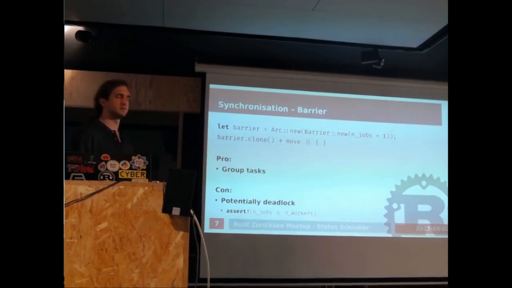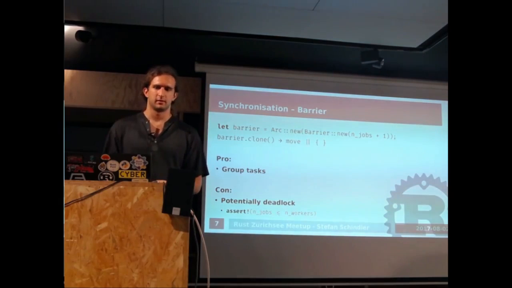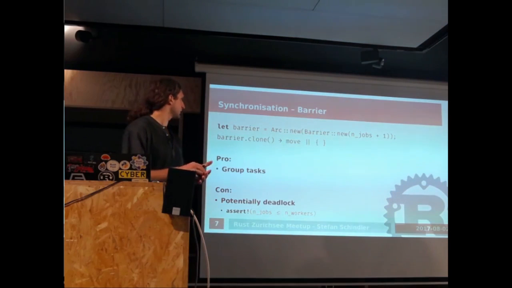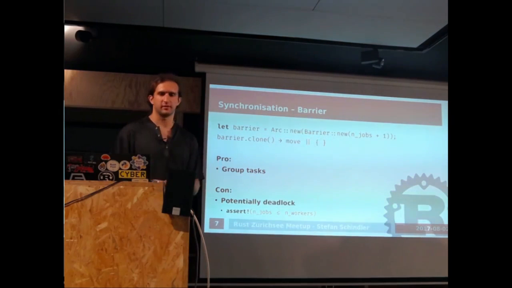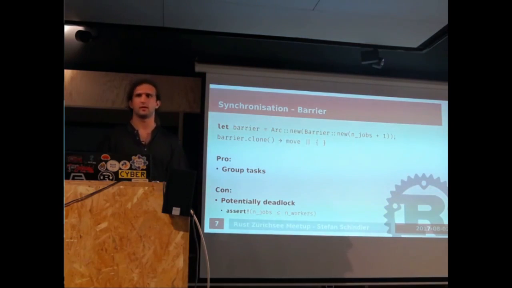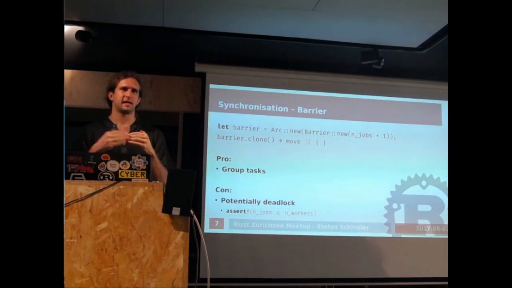So, another way to synchronize stuff is using a barrier. If we stick a barrier inside an arc, we can do synchronization. A barrier is something you call n times, and it will block until the nth time and then reset.